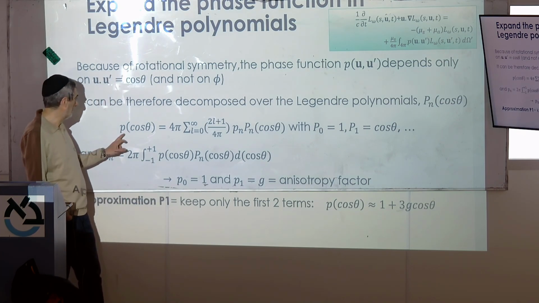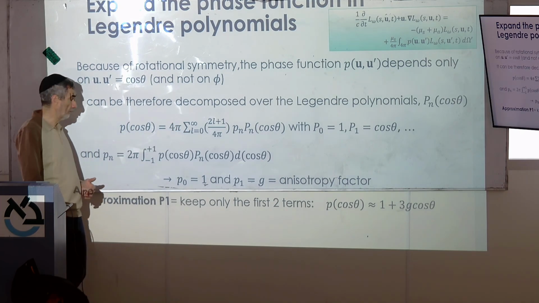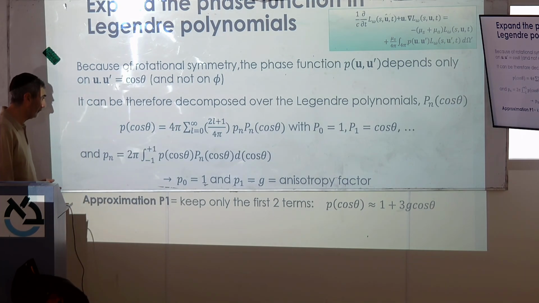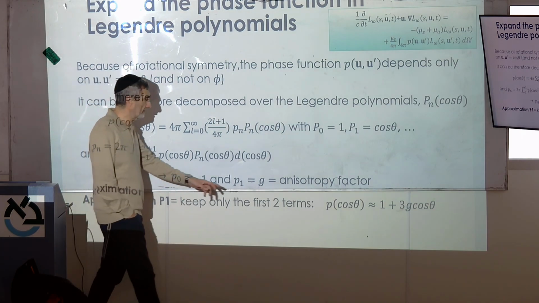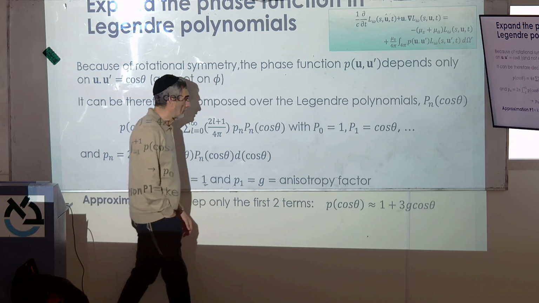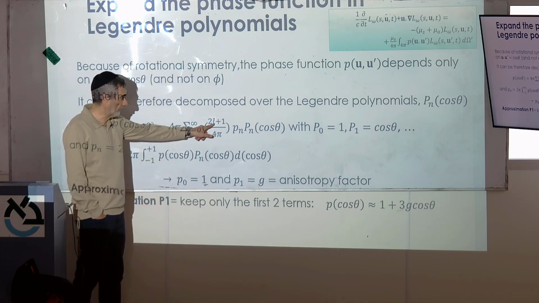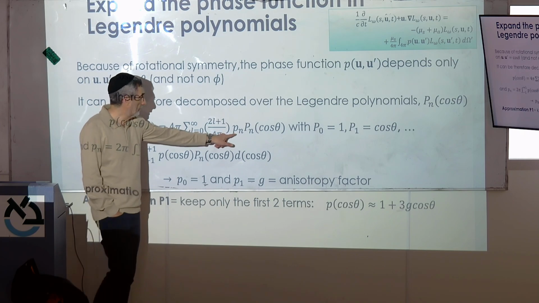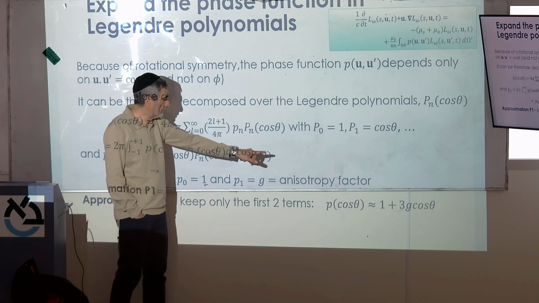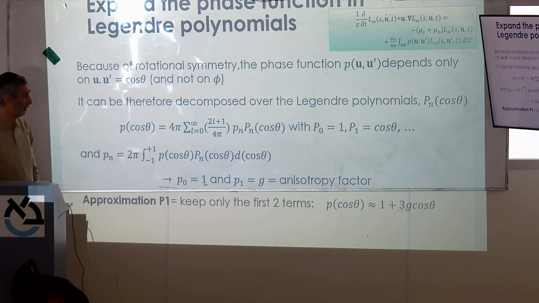If I write the expansion of P of cos theta to the first two terms, with 2L plus 1 giving 3 for the second, I have P of cosine theta is 1 plus 3 g cosine theta. That's the first terms in the expansion of the phase function P.